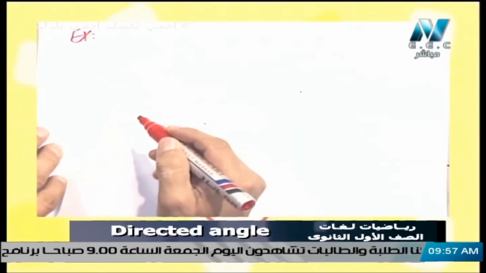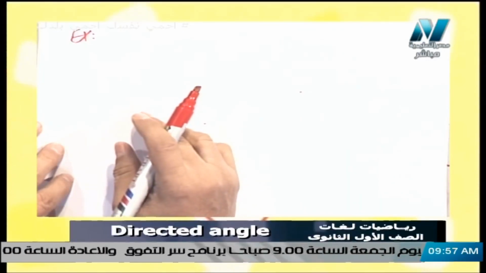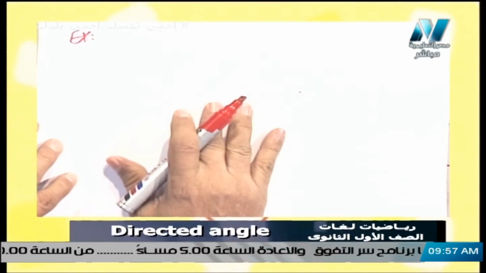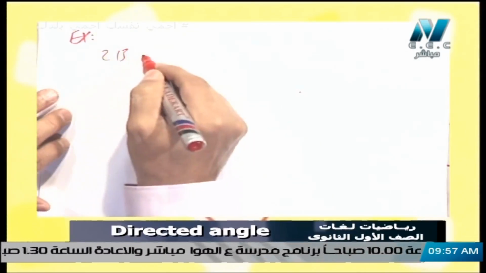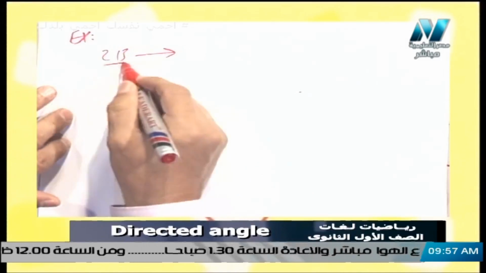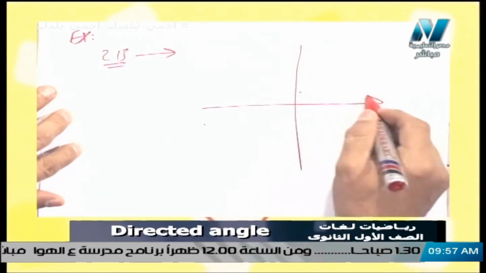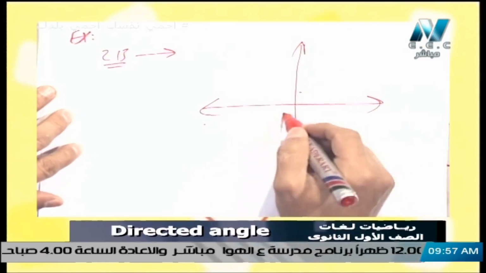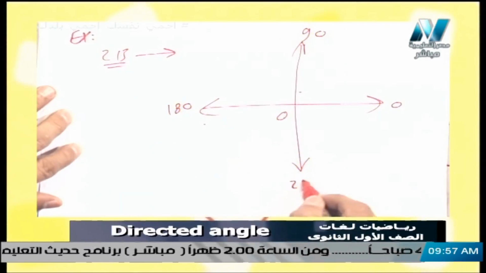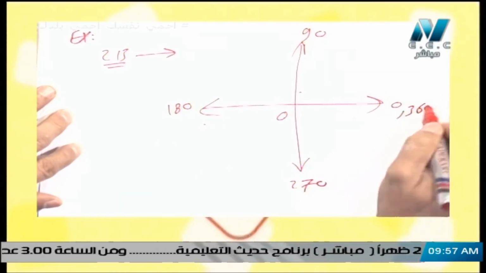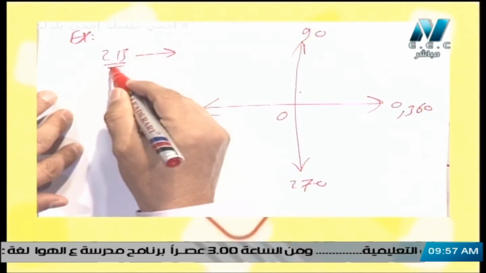Okay? Let's move to another exercise. We have a little time, I think, so let's spend it on an exercise about the position of the angle. If we have an angle 213, what is the quadrant of 213? Okay, here it is 0, 90, 180, 270, and here also 360 after one turn. Where is the 213?